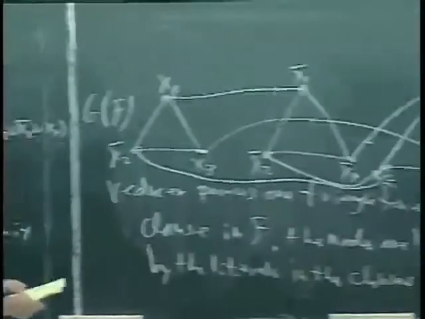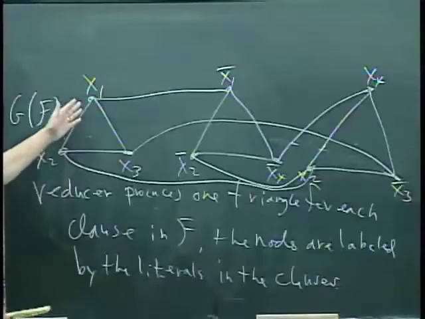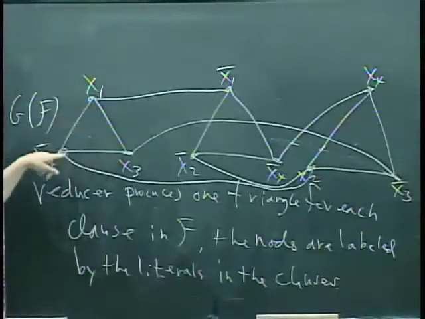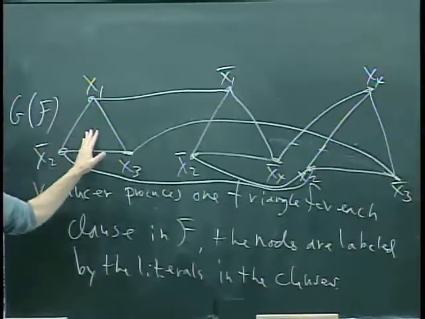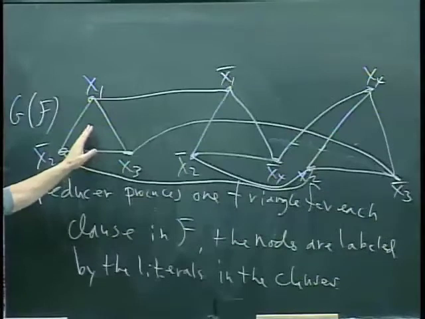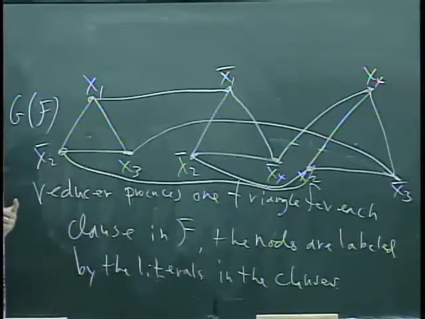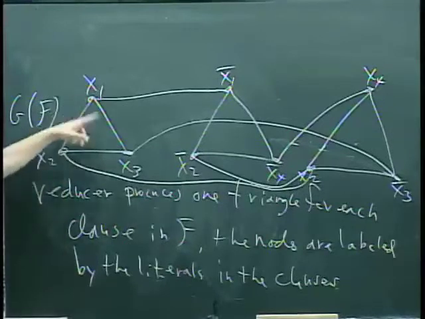Okay. Just one observation before we get into the actual proof. In an independent set, you can only take at most one node from any one of the triangles, right? Remember, the definition of an independent set is that it's a subset of nodes such that no two of those nodes are adjacent. So in the triangle, you can certainly only take one of those nodes.